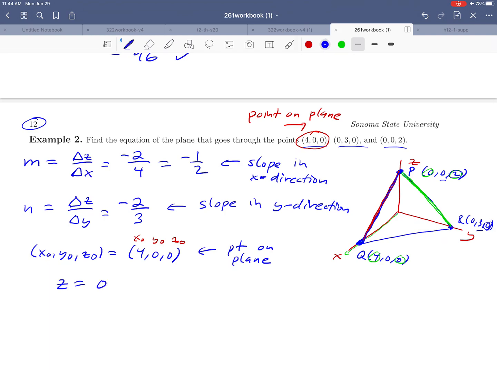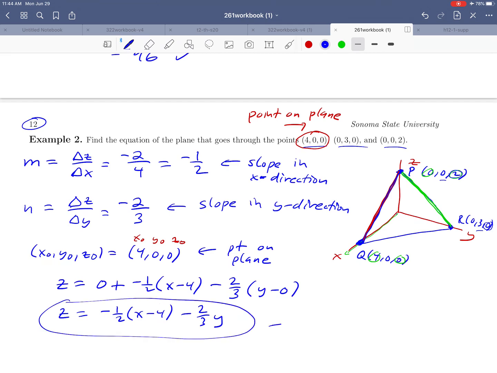So z naught is 0, plus m times x minus x naught, that's x minus 4, plus n, which is negative 2/3, times y minus y naught. There's our equation. We can simplify it a little bit, so we don't need to write those zeros. This is going to simplify down to negative 1/2 times x minus 4, minus 2/3 y. And there's our answer.